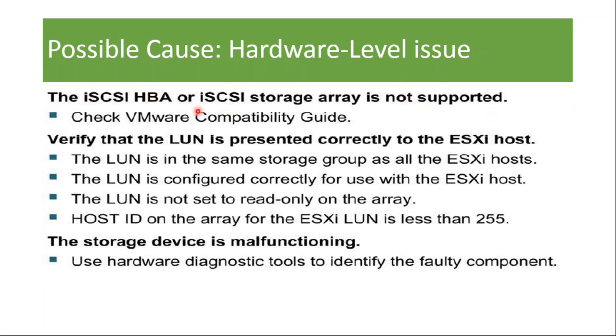If you see errors such as the iSCSI HBA or iSCSI storage is not supported, then you have to validate your VMware compatibility guide. If that particular storage is not supported on your VMware compatibility guide, then you can't configure it.